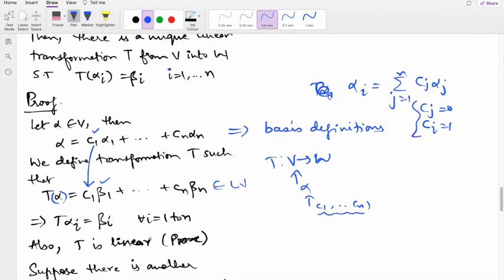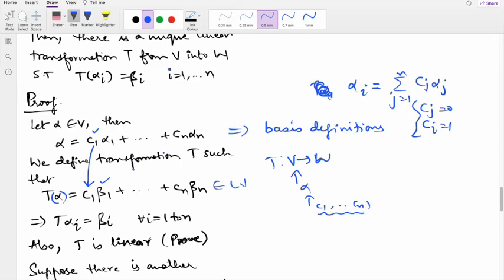So the basis element alpha i is a linear combination with all coefficients zero except its own. Therefore, when I apply this definition on T of alpha i, I get beta i, by the way I'm making this transformation.